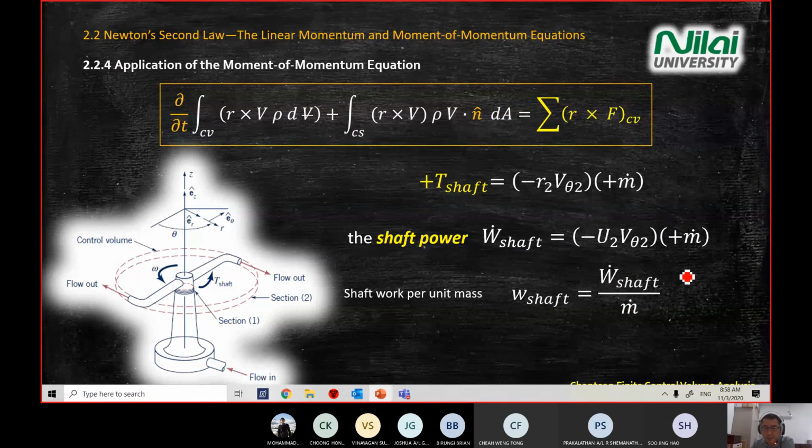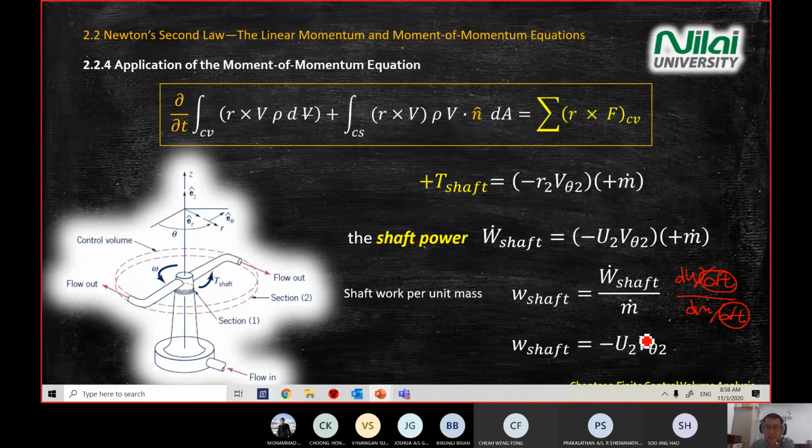This one is dW over dt divided by dm over dt, so you take out these two terms and you get your work per unit mass.